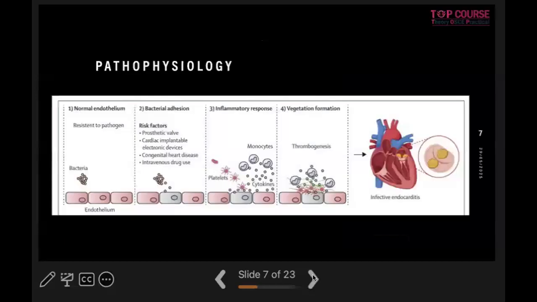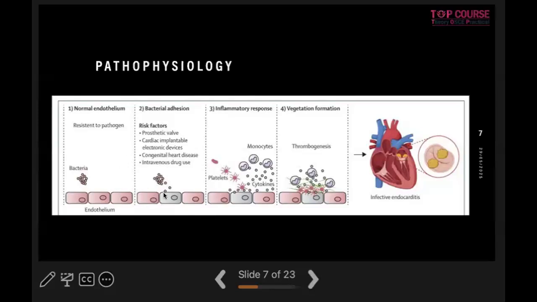Okay. Coming on to pathophysiology of infective endocarditis, you can see that there is normal endothelium. Whenever there is a bacteria, it is resistant to the pathogen because of the underlying immune factors. But infective endocarditis begins with the bacterial adhesion to the tissues within the circulatory system, especially the vascular endothelium or the endocardium or any valvular apparatus sitting there.